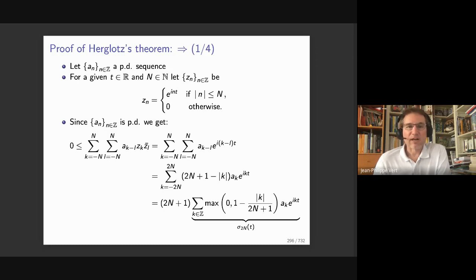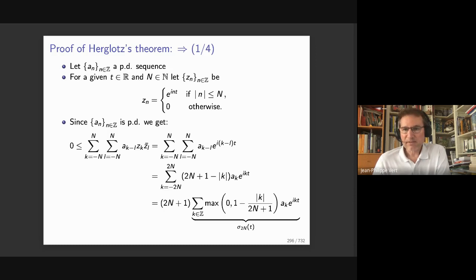If you look at the last thing, there is a factor 2n plus 1 that we don't care about. But then there is something which we call sigma 2n of t, a function of t, which is non-negative. And if we look at what this function sigma 2n of t is, you see that it's a sum for k over Z of a max of something. I'll come back to that later.